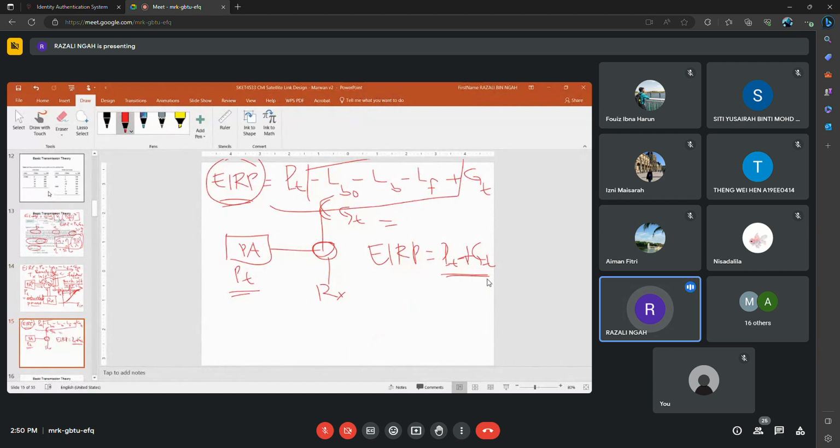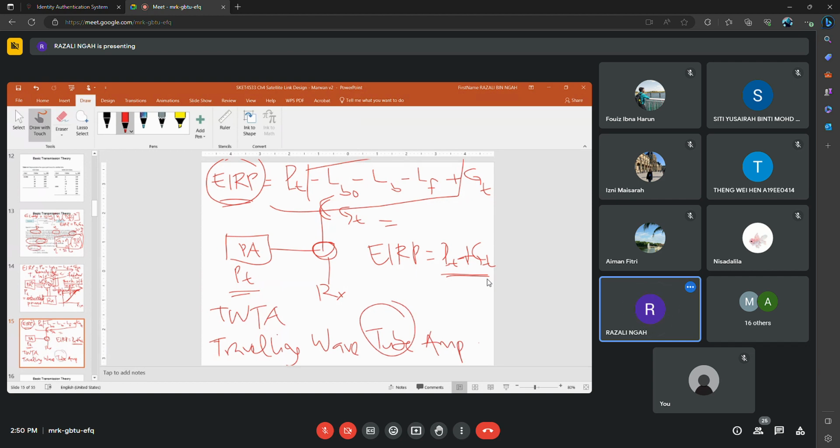Normally we use TWTA, traveling wave tube amplifier. This tube refers to old technology. For example, our old TVs use tube technology. That's why you see the old TV sets are bulky, because we need to have a cathode tube. Okay.